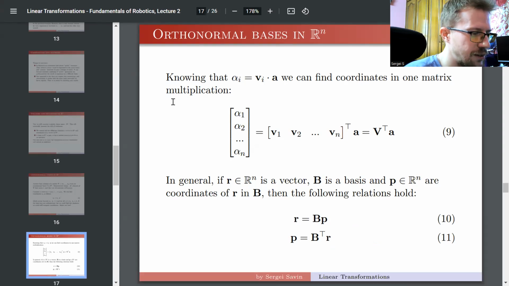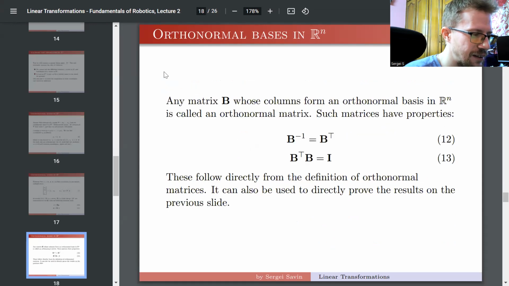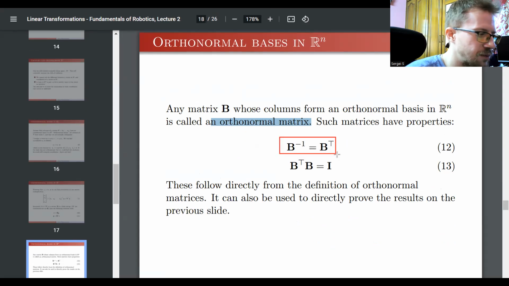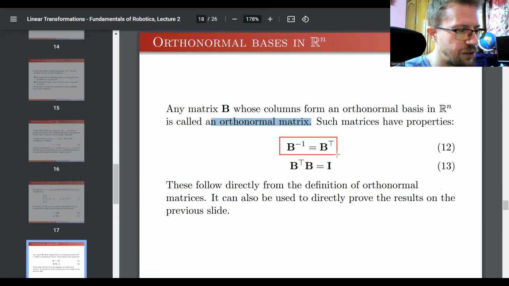Now, any matrix B whose columns form an orthonormal basis in Rn is called an orthonormal matrix. Those matrices have properties. For example, B inverse is equal to B transposed. You can try to prove this property yourself using the definition of orthonormal basis that I gave you 2 slides ago.